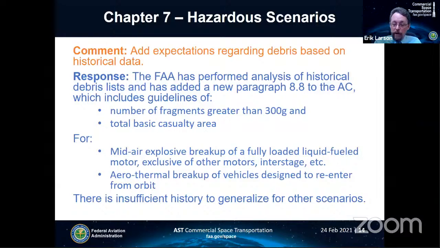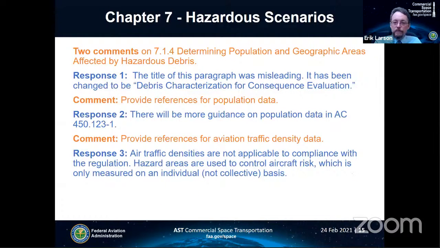But at least to try to help applicants in evaluating their debris list and understanding whether what they're coming up with is consistent with what has been in history, these guidelines will be added to this AC on its next publication. Okay, that's the next slide.